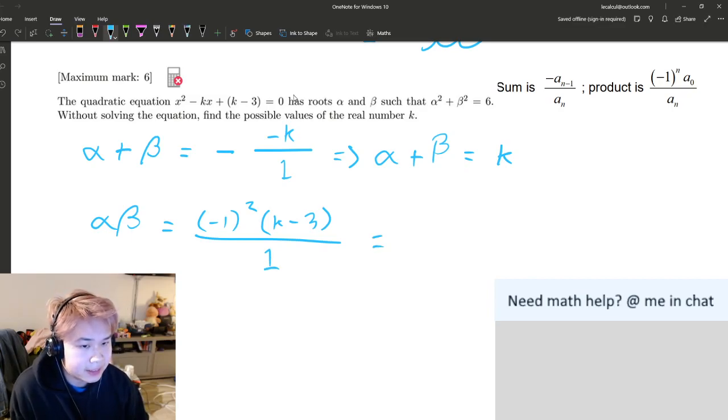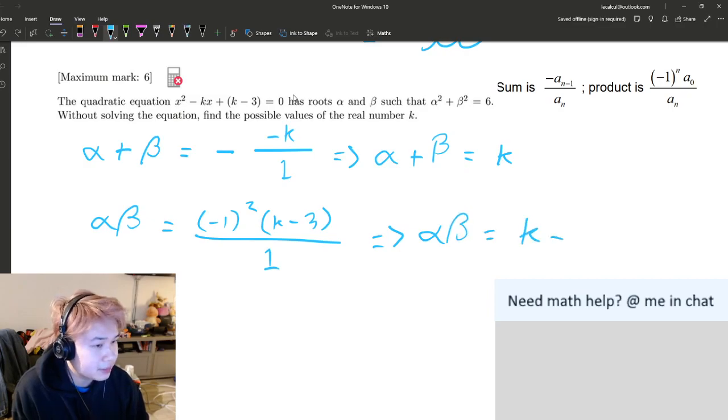And all of this more or less just simplifies into saying that alpha times beta is k minus 3.